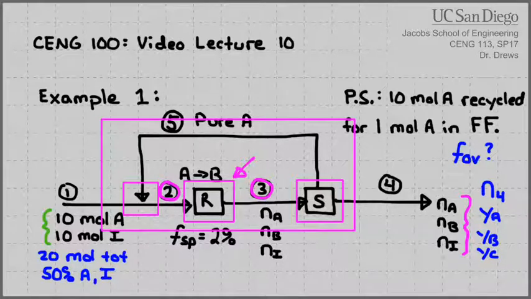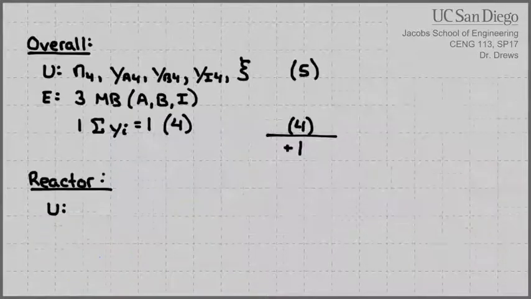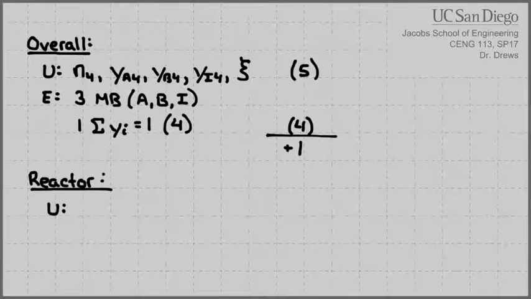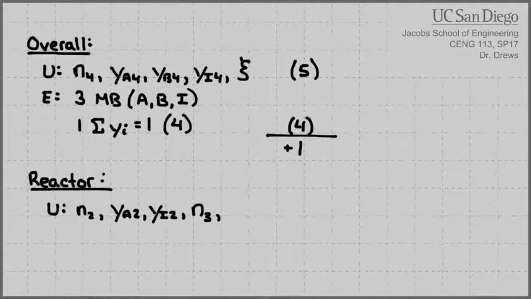We do have a reaction, and then we do have this process specification as far as single pass conversion goes. So the reactor is probably not going to help us very much because of the unknowns in stream 2. We don't know the amount of A in stream 2. We don't know the amount of inert in stream 2, nor anything about stream 3, nor anything about any of the components in stream 3.